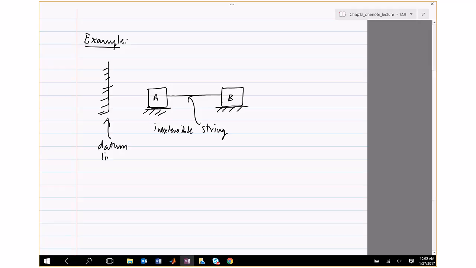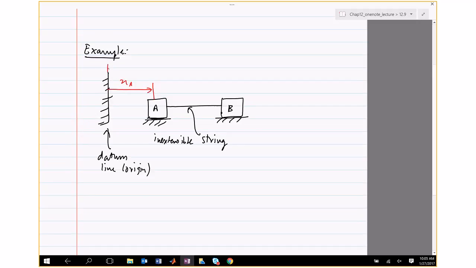You can think of this like the origin. I don't call it the origin because it's a line and not a point. I'm going to represent the motion of A with xa. This is the displacement of A to the right. And similarly, xb is the displacement of B to the right.